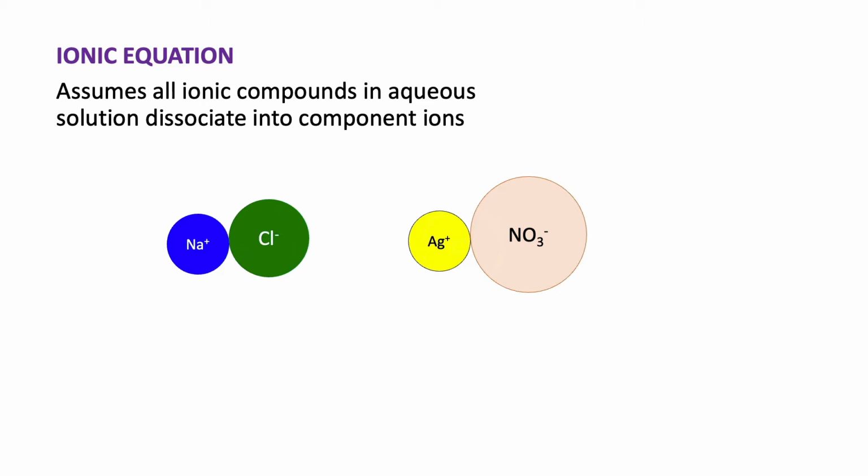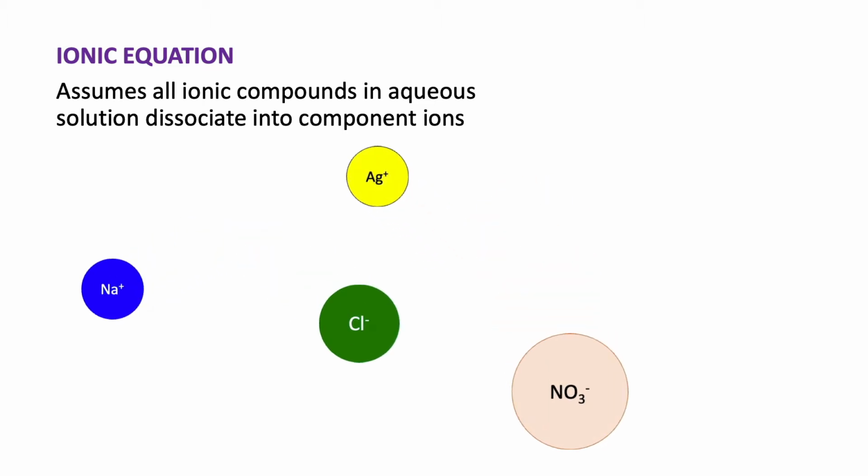So remember, when you dissolve an ionic compound in solution, that ionic compound dissociates into component ions. As you dissolve the solid sodium chloride in water, and as you dissolve the solid silver nitrate in water to make your aqueous solutions, those end up as separate ions.